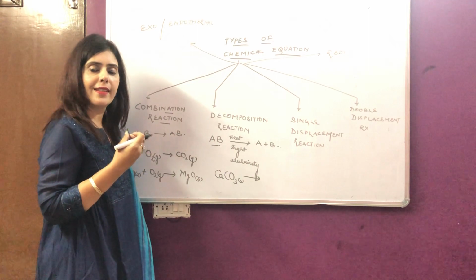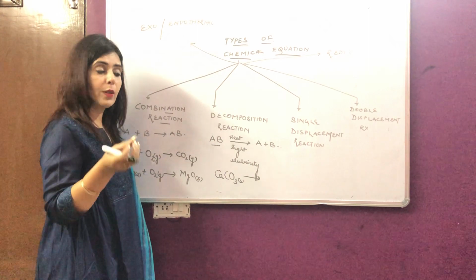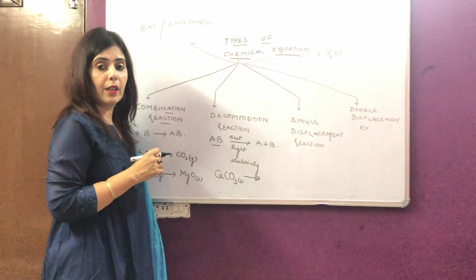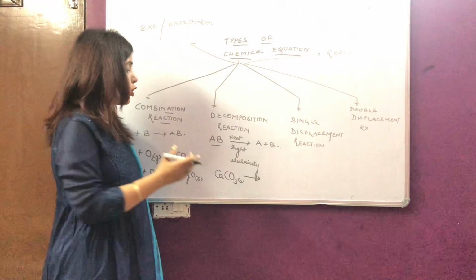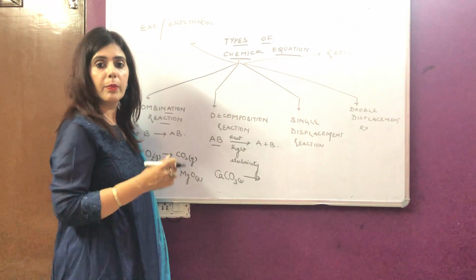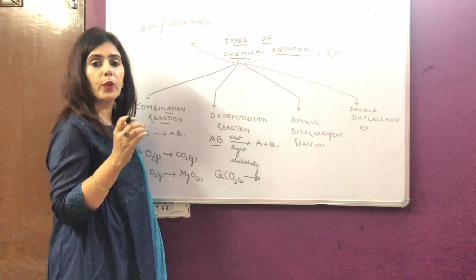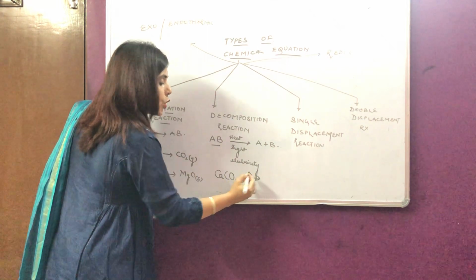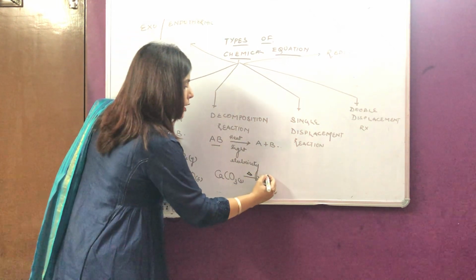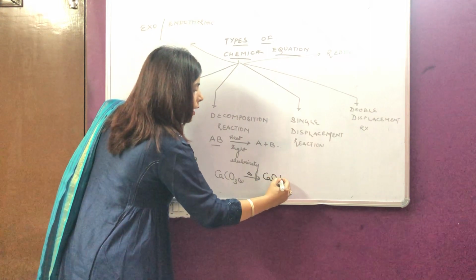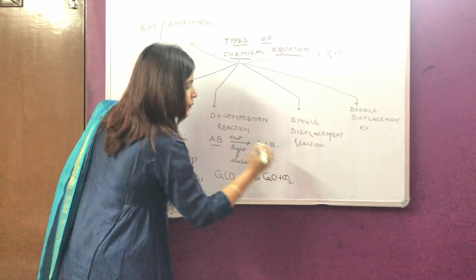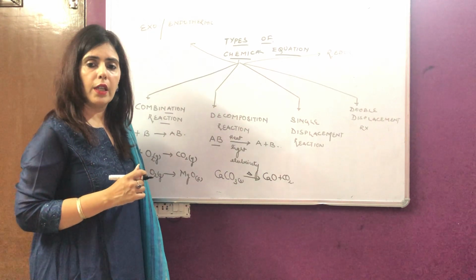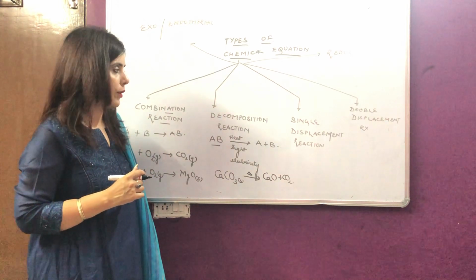Calcium carbonate is reacting. If anyone says we put acid on marble chips, then who is reacting with acid? The marble chips are calcium carbonate. So that means calcium carbonate is reacting with acid. When calcium carbonate is subjected to heat, it breaks up into CaO and CO2. Is it clear? So this is also a decomposition reaction.